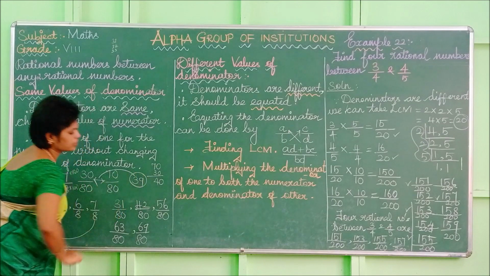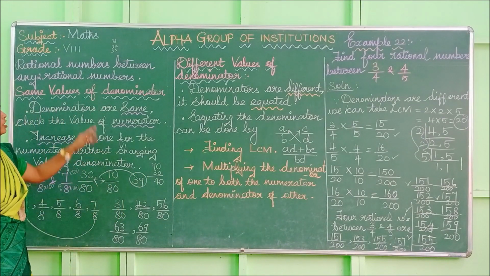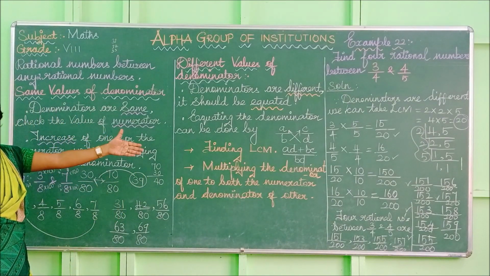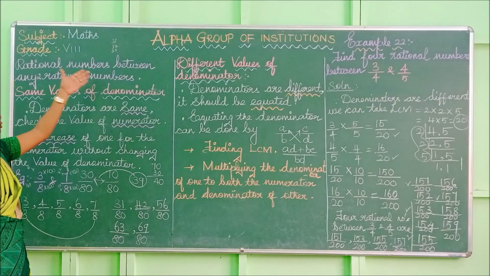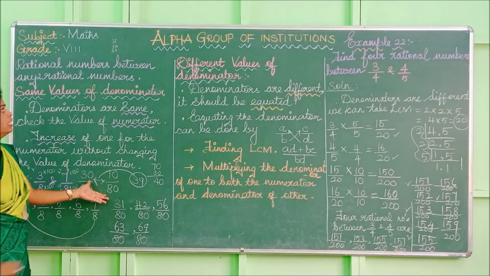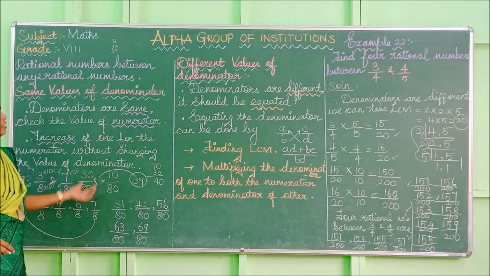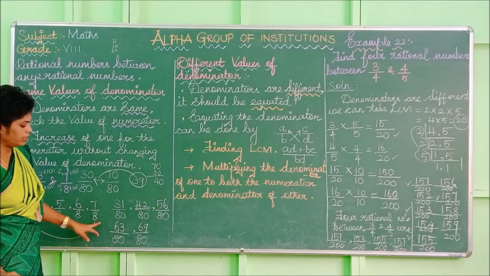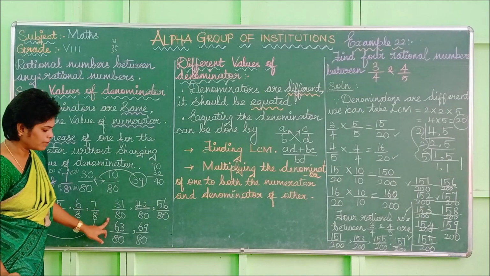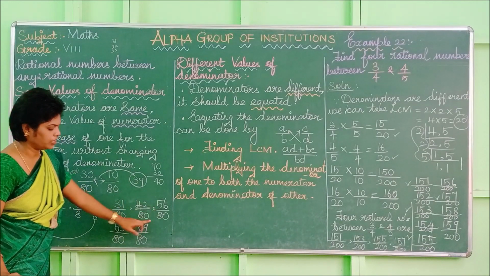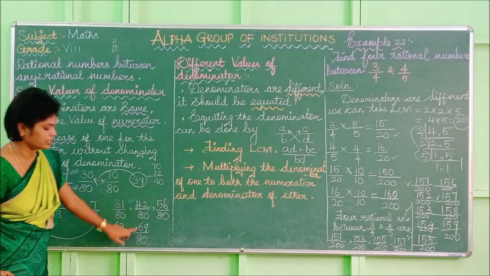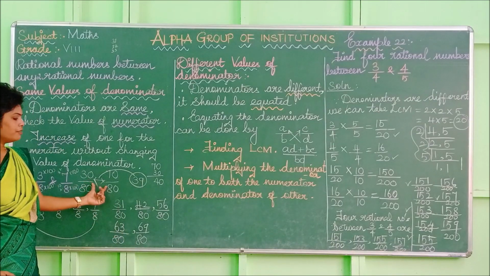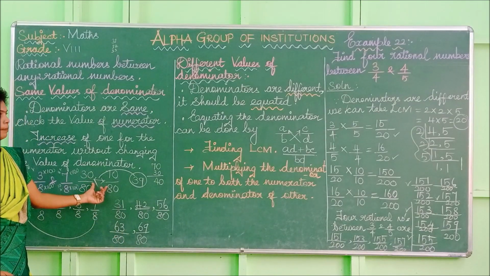Likewise you can write 31 by 80, 32 by 80, 33 by 80. So from that I have taken 5 values: 31 by 80, 42 by 80, 56 by 80, 63 by 80, 69 by 80. These are the values in between these two rational numbers.